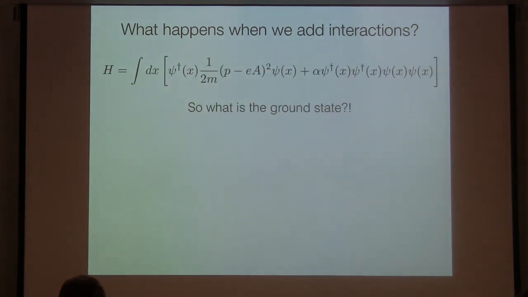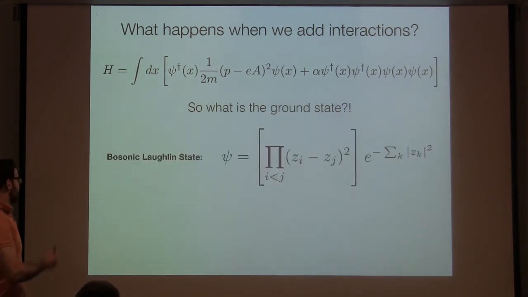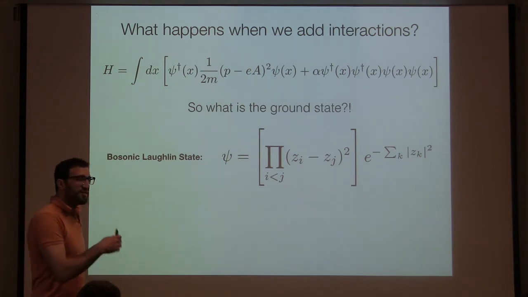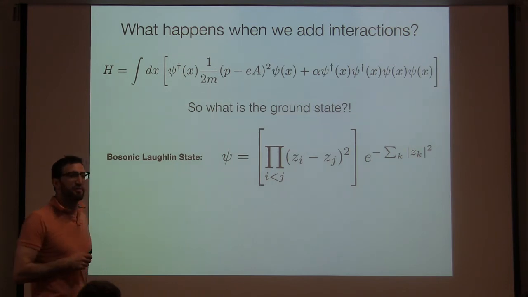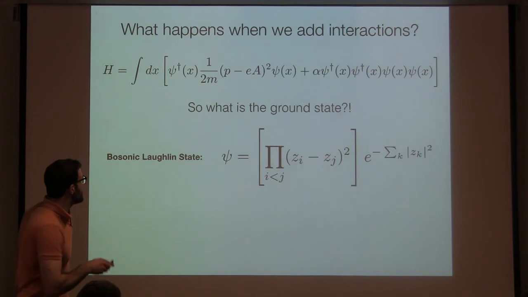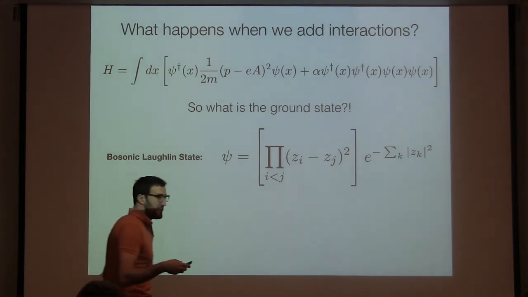But we can just write down the answer, it turns out, because Bob Laughlin is a genius. This is the answer. This is called the Laughlin wave function. So how can we see that this is the answer? Well, the first question was, do all of the states of the individual particles live within this lowest Landau level? You can immediately see that the answer is yes.